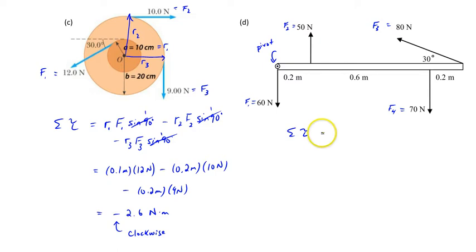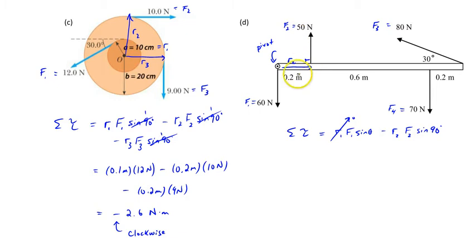So when you plug this in, you'll have R1 times F1 times the sine of the angle, but R1 for this case is 0. So there's no net torque produced from the first one. If we look at the next one, F2, we have R2 times F2 times the sine of this angle, which is 90 degrees. R2 will be this distance right in here. That will be 0.2 meters.